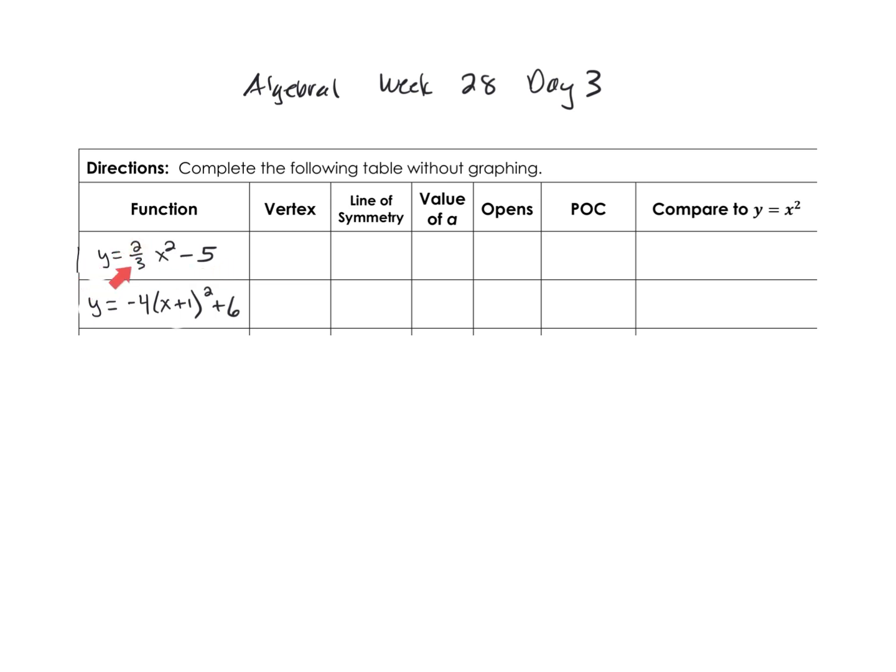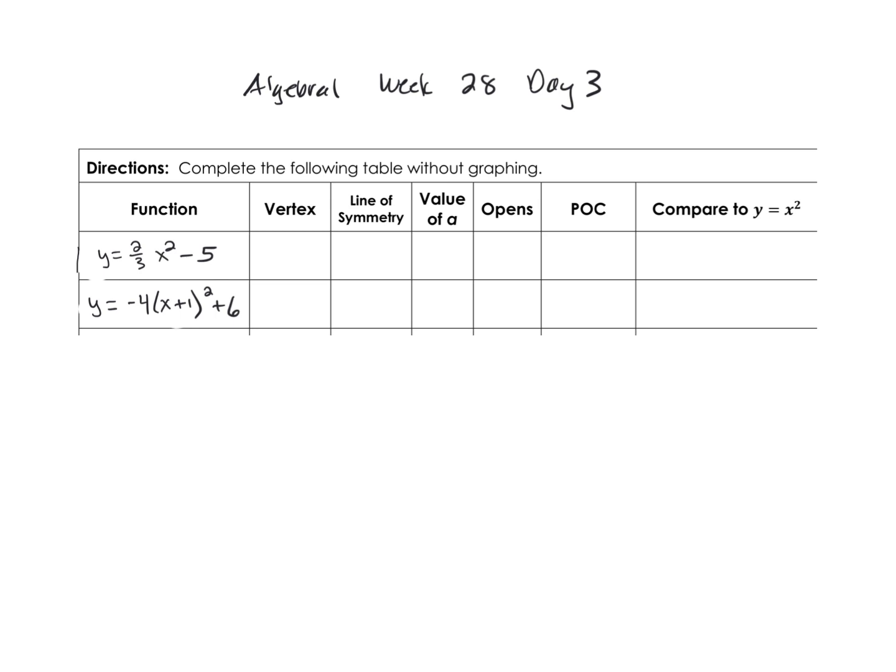We know that the number in front of the x squared, or the number in front of the x squared quantity, gives us our value of a, and it tells whether it opens up or down, and it's how we get our pattern of change.